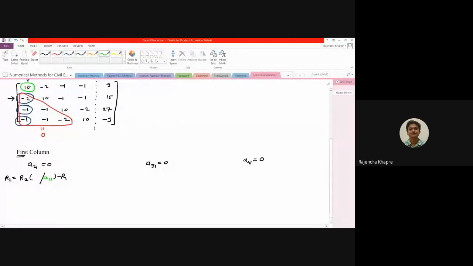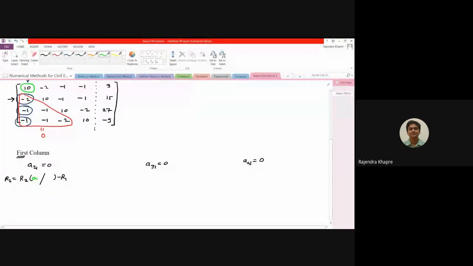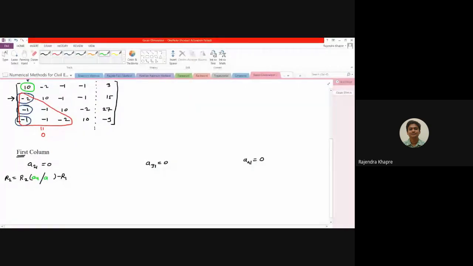This is a11, and the one you have to eliminate is a21. This should be a11 over here and this should be a21. I hope this is clear to everybody. Yes, sir, students.